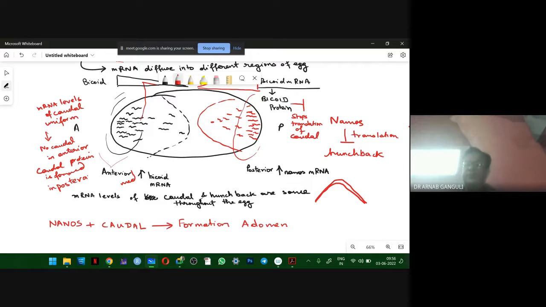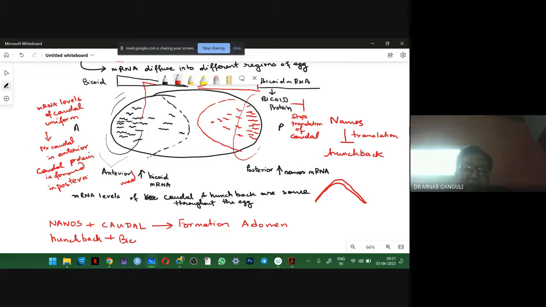So these are very important genes. Any defect in these genes is lethal to the fly. And you know now that hunchback plus bicoid, the protein products, are needed for formation of head and thorax.